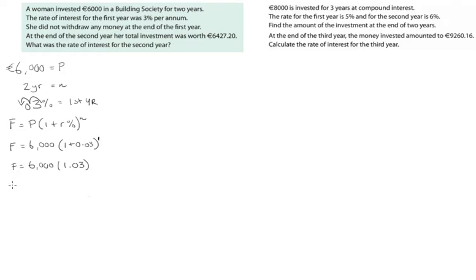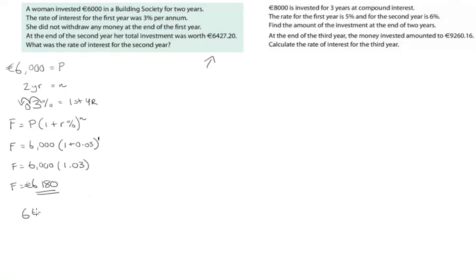So the final amount at the end of year 1 is 6180 euros. Now we know at the end of the first year she had this, and we know at the end of the second year she had 6,427 euros and 20 cents. So let's subtract those two.